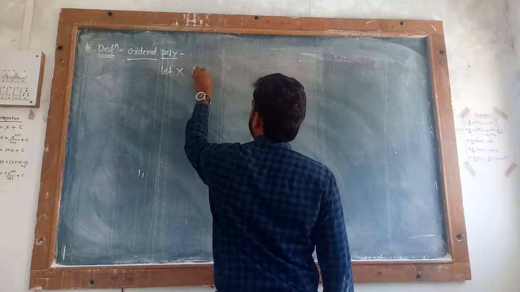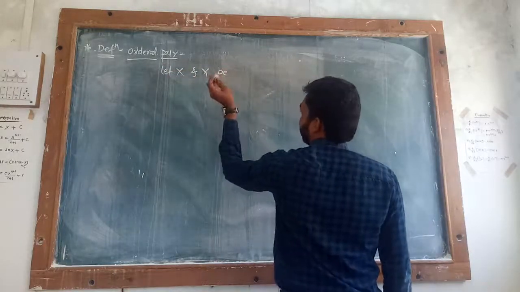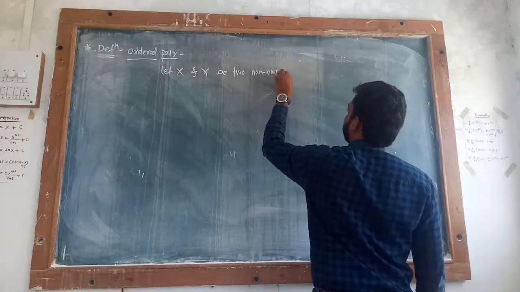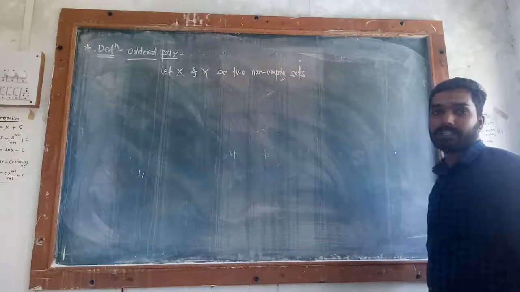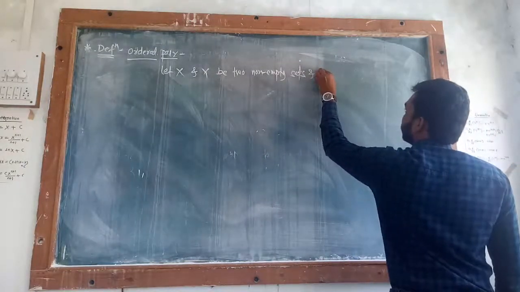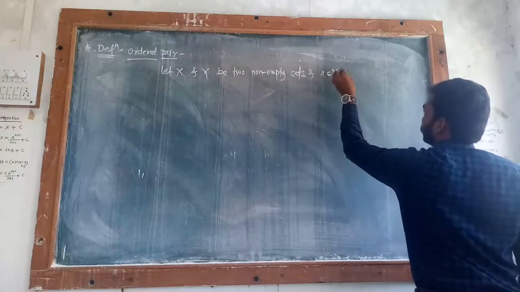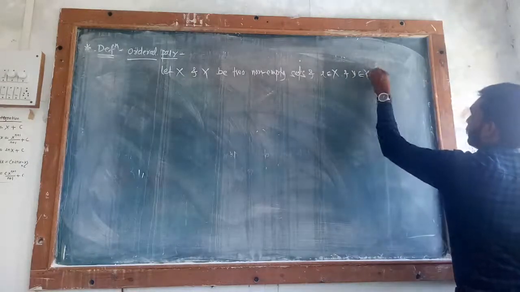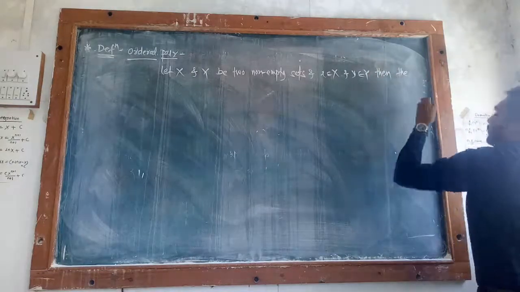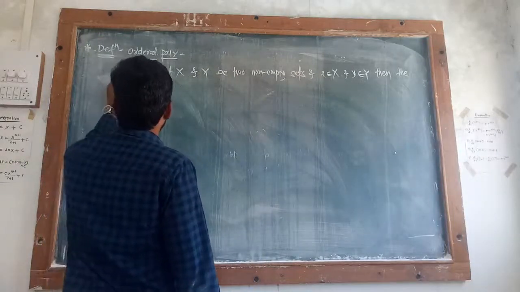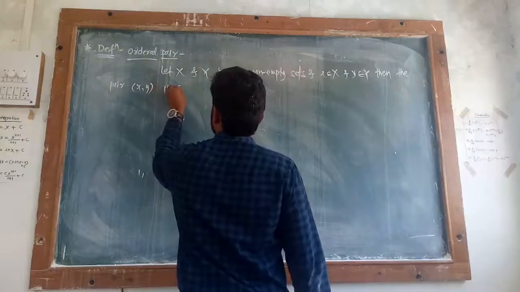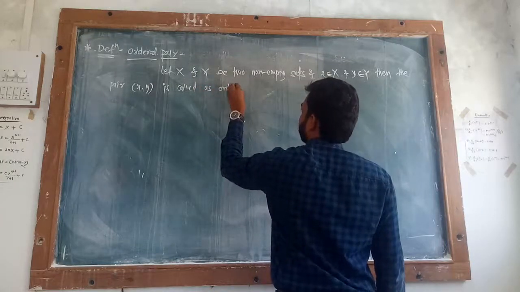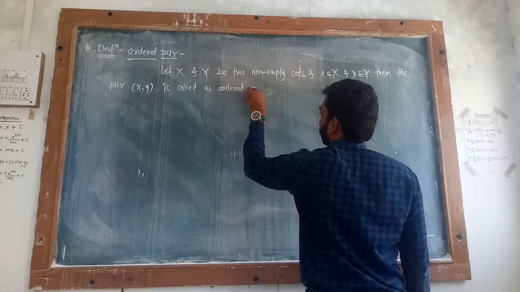Let capital X and capital Y be two non-empty sets, and small x belongs to capital X, and small y belongs to capital Y. Then the pair x comma y is called an ordered pair.